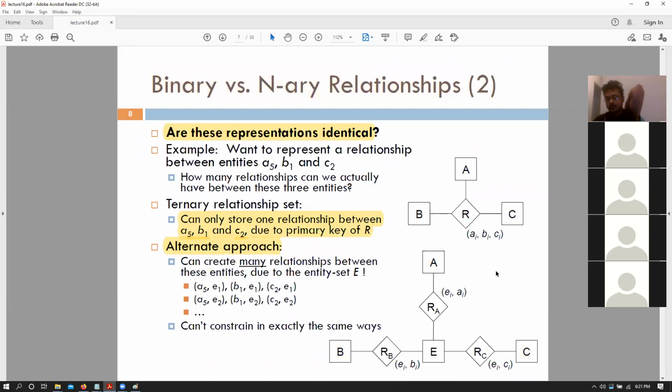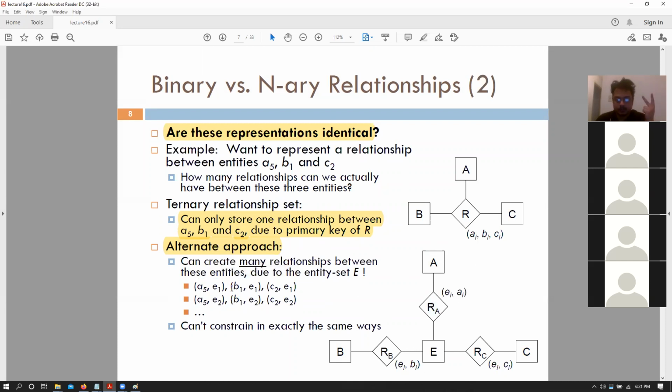Now let's look at this converted relationship that we have. For example, A5, B1, and C2. Let's take these three values, A5, B1, C2. These triplets together can only occur once. Now let's look at this particular diagram here. Well, we can have A5, E1, that is for RA, EI, and AI.